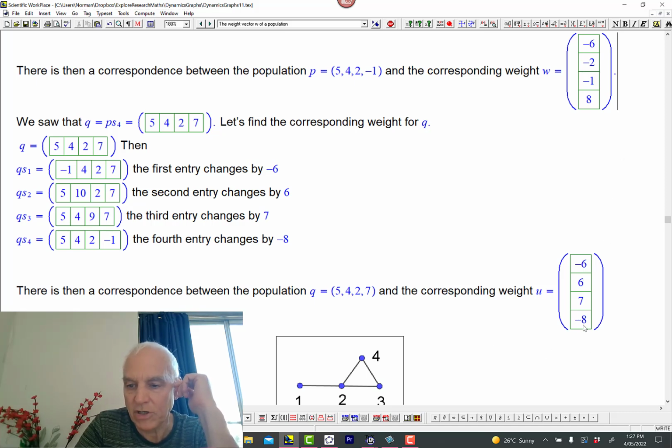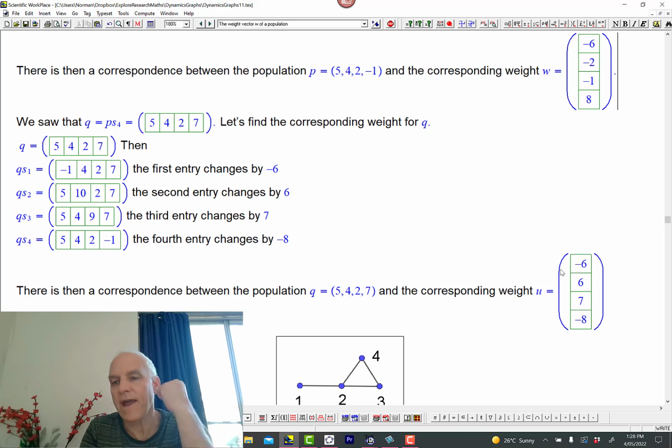Well, it probably has something to do with the fourth entry, increased by 8. The -2 has gone to 6. That's also increased by 8. And notice that 2 is also a neighbor of 4. But the -6 at 1 has not changed. So the effect is, well, here's one way of explaining how to go from here to here, okay?